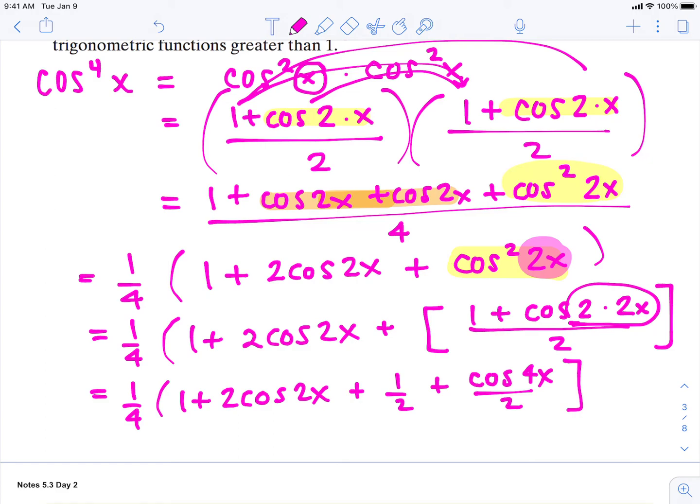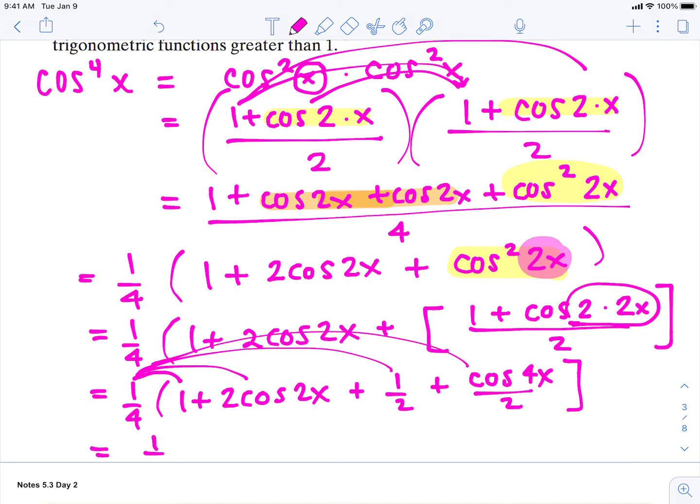So we have to simplify farther. So to simplify farther, we're going to look at that 1/4 and now distribute it back in.